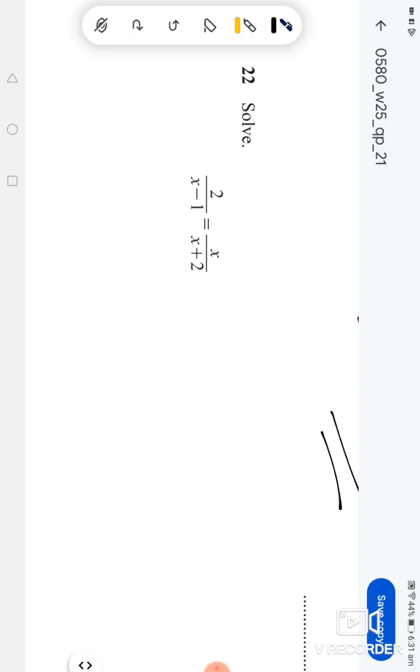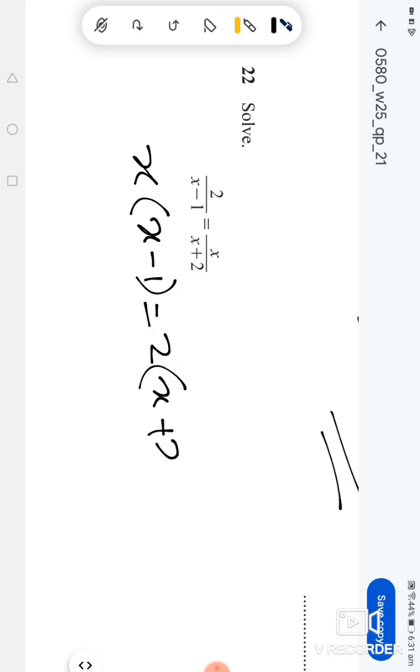Solve 2 by x minus 1 equals x by x plus 2. Cross multiply. x square plus 2x... x square minus x equals to 2x plus 4.